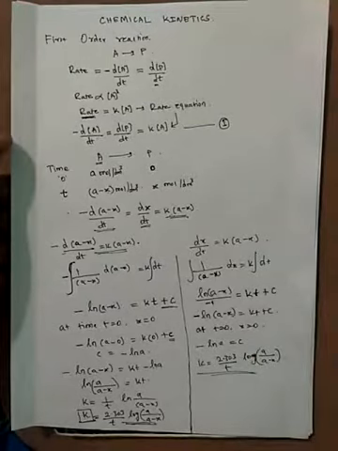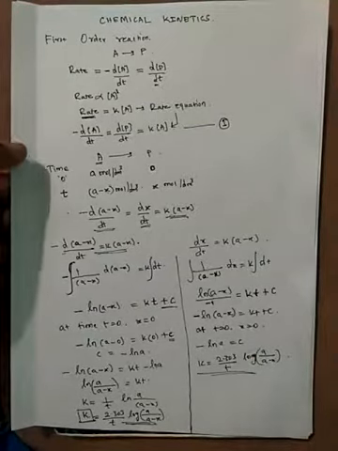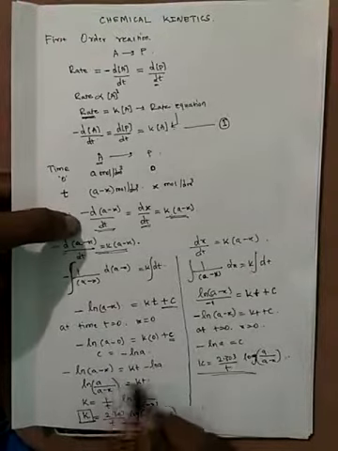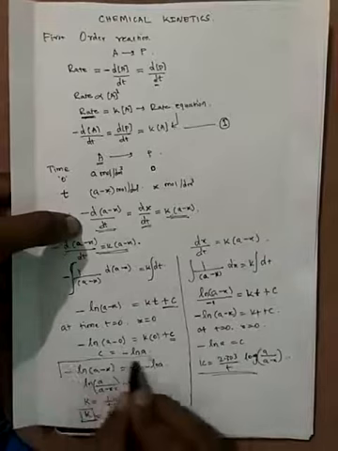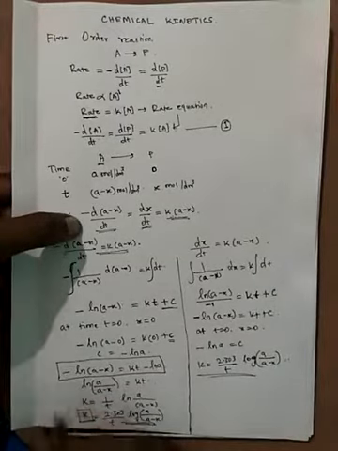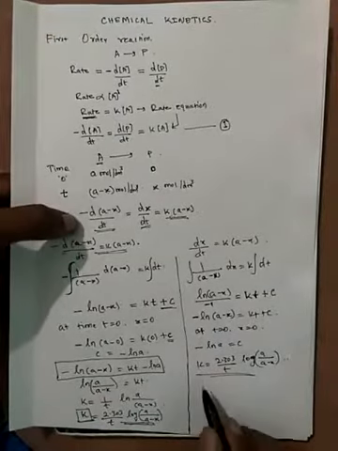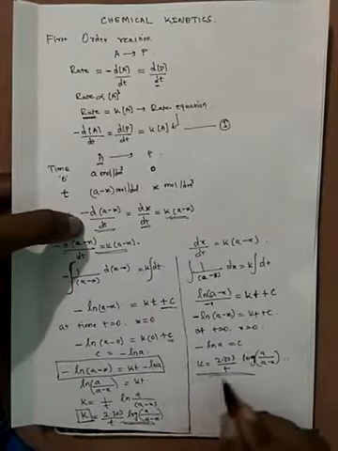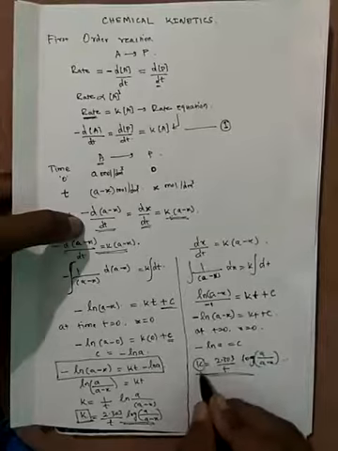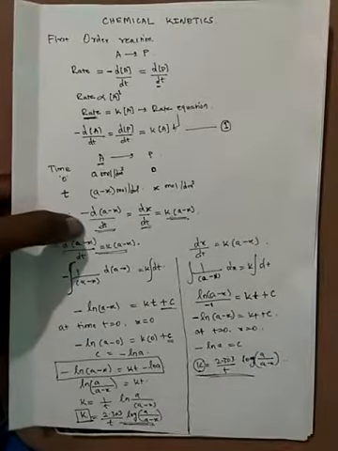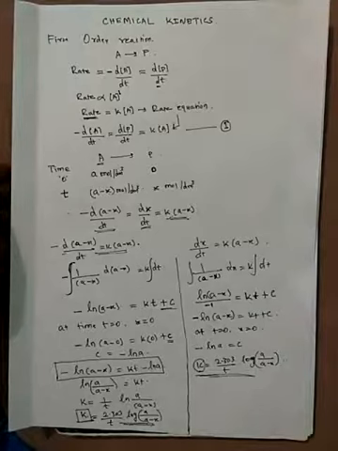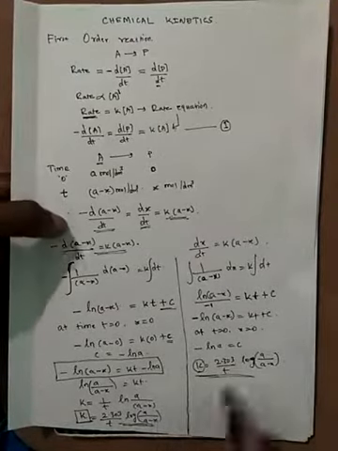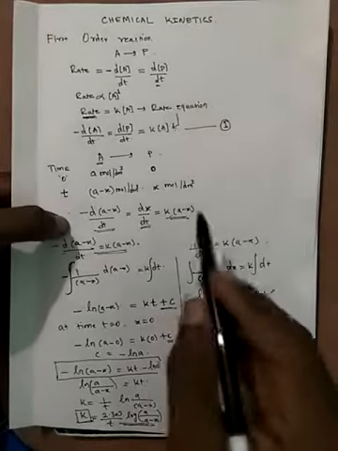Okay, then let me take this form. So far we actually derived, what is this? This equation is actually the rate constant expression for first order reaction, or also you can say that this is the integrated form of rate equation.